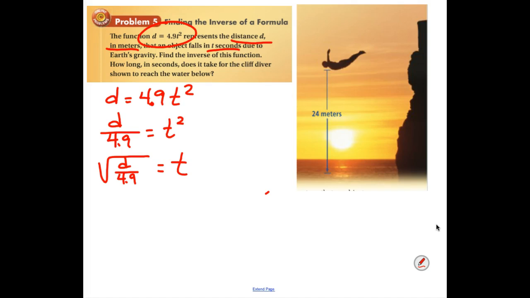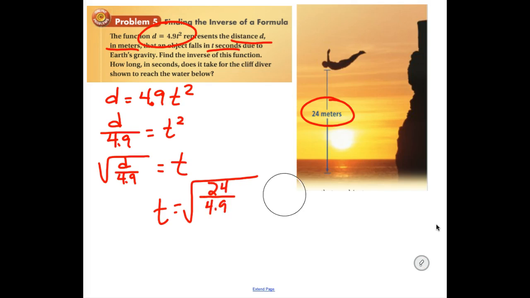Now that we have our inverse function, can we figure out how long it's going to take? We are told that it's a 24-meter distance from where they are to the water. So can we put 24 in there for d? All right. So t equals the square root of 24 divided by 4.9. Go ahead and use your calculator.